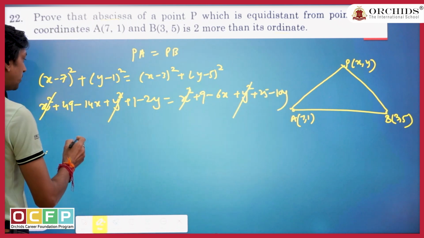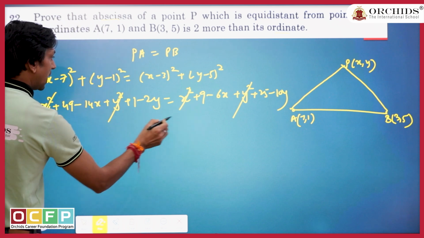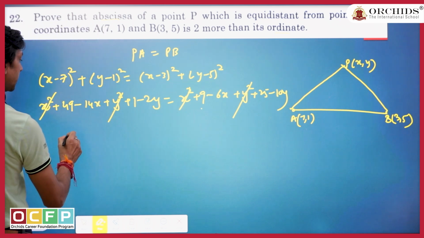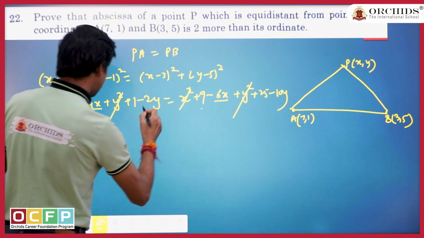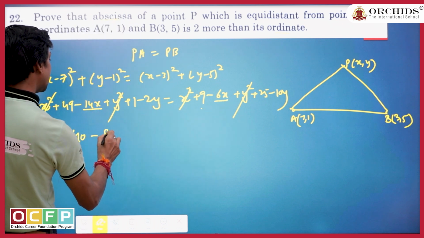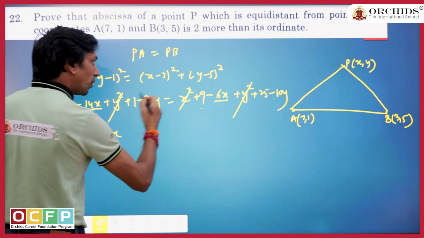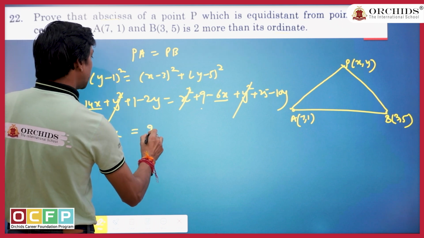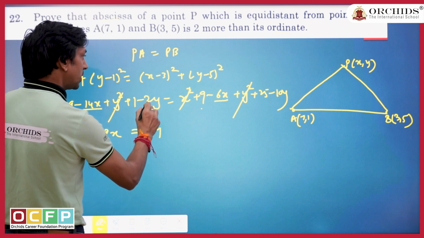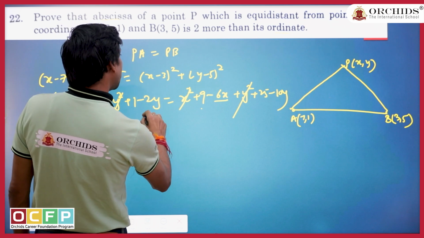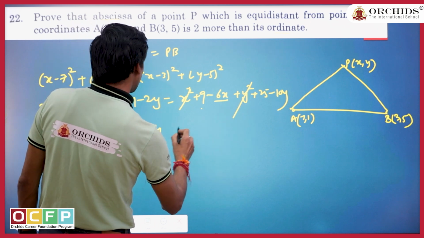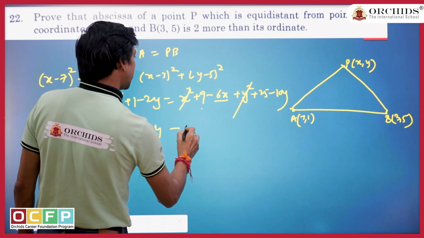Then finally we are left with what? 9 will come to this side, it will give me 49 minus 9 is 40, and 14x minus 6x gives you minus 8x, and 1 will go to that side, it will give you 25 minus 1 is 24, and minus 2y minus 10y gives you minus 8y.